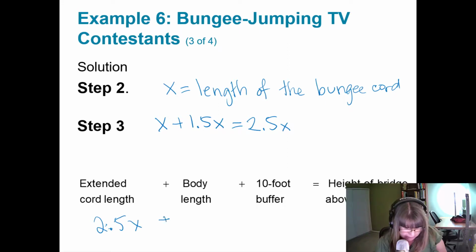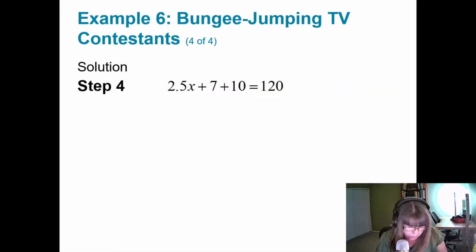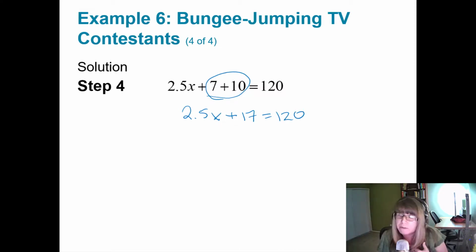The body length, remember, is 7 feet, plus the 10 feet buffer can't be more than 120 feet. I can simplify this a little bit, so let's go with 2.5x plus 7 plus 10 equals 120. And then ultimately solve for my x using all of the rules that I know.